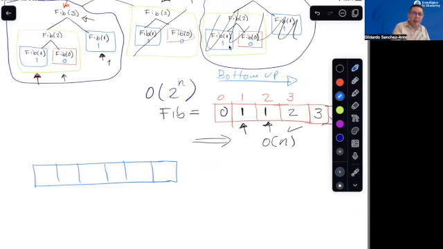Let's suppose that I am still talking about the Fibonacci of 5, and then start with the initial conditions, and from that I can continue filling up the array. Okay, so I just add these 2, I will get the 1, I add these 2, and then I will get the 2, I add these 2, I will get the 3.